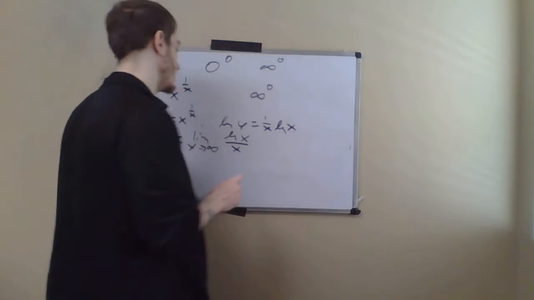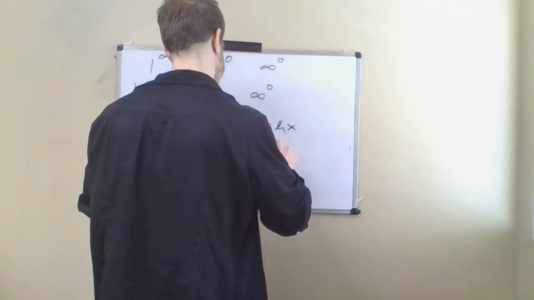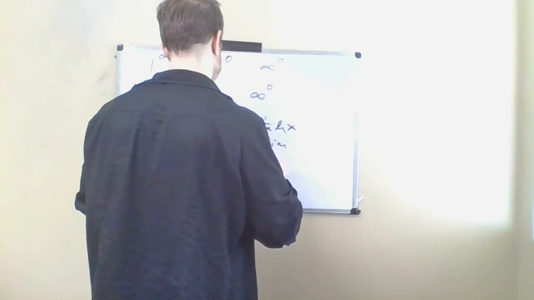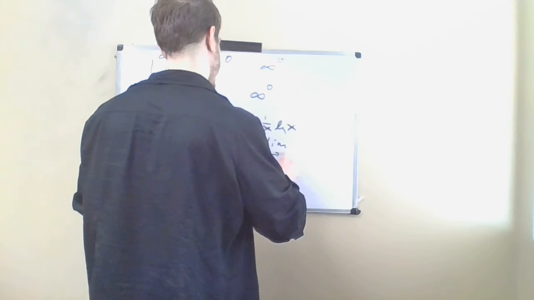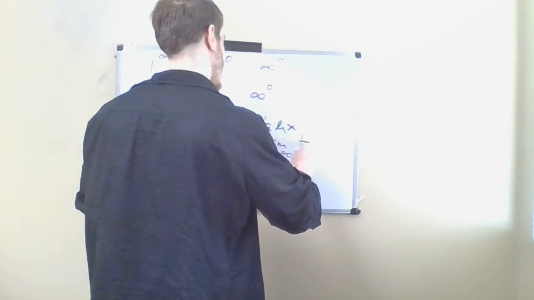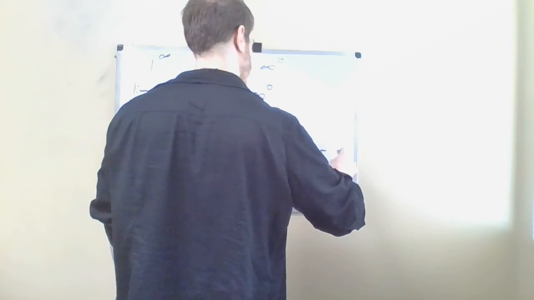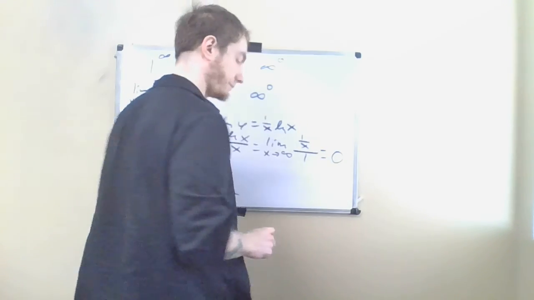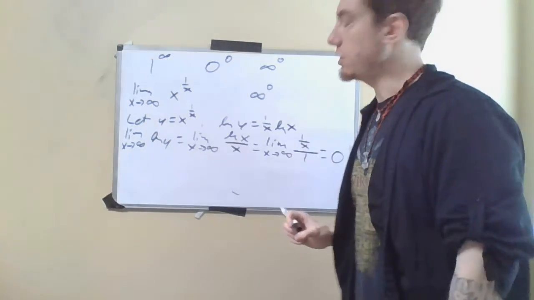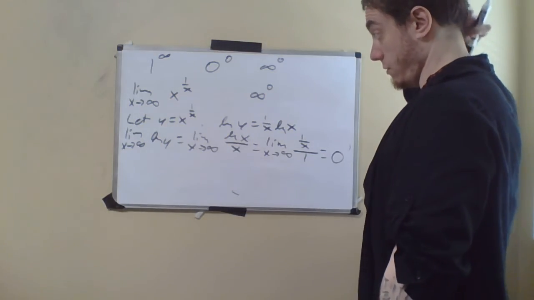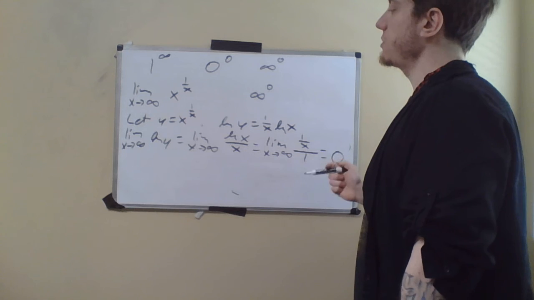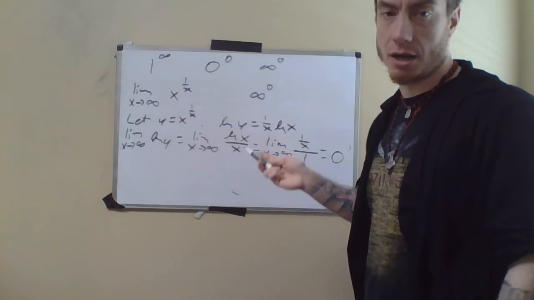And this is going to be equal to the limit as x approaches infinity of 1 over x divided by 1, which is equal to 0. So you'll notice here that what we've actually done is we've computed the limit of the log.